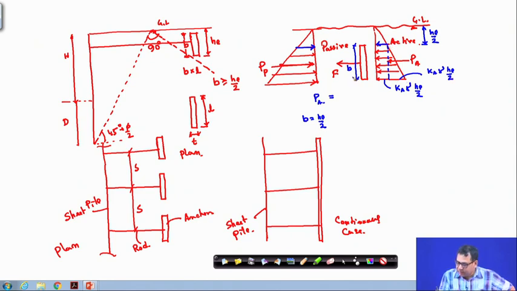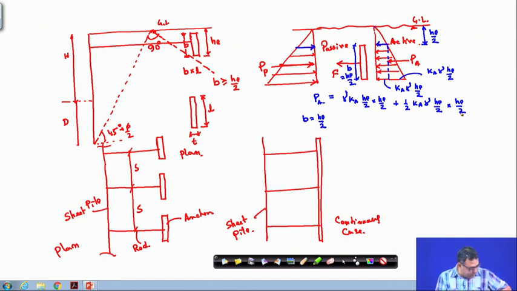This is all B, and B is nothing but He by 2. So this will be K_A into gamma into He by 2, and this portion from the top is also K_A gamma into He by 2, and this is the rectangle. So, I have a rectangle and a triangle. I can write the PA expression: for the rectangle, gamma K_A He by 2 into He by 2, plus the triangle, half K_A gamma He by 2 into He by 2.